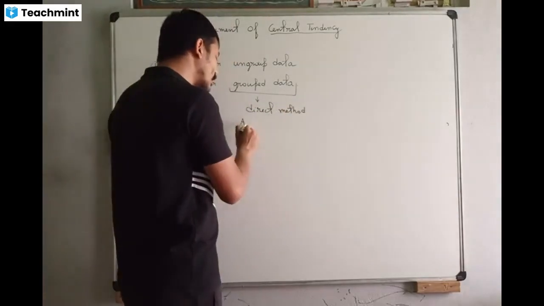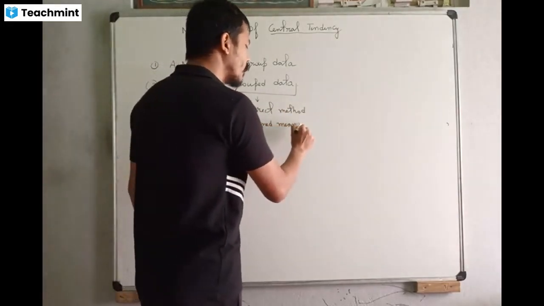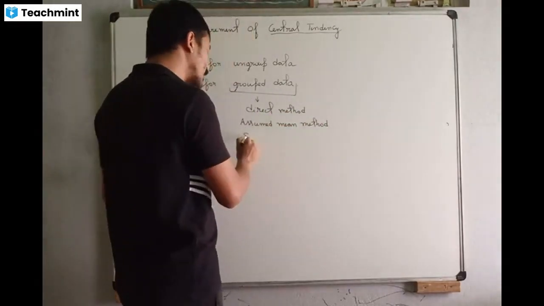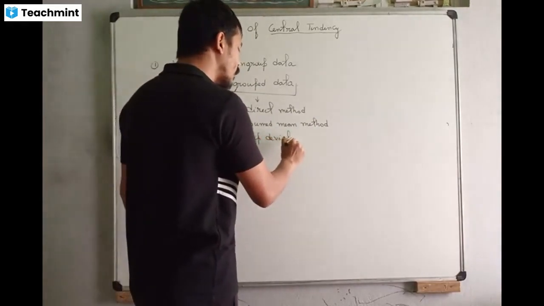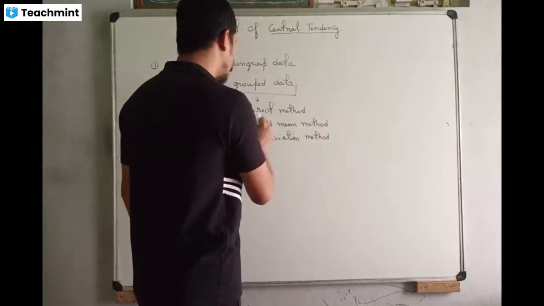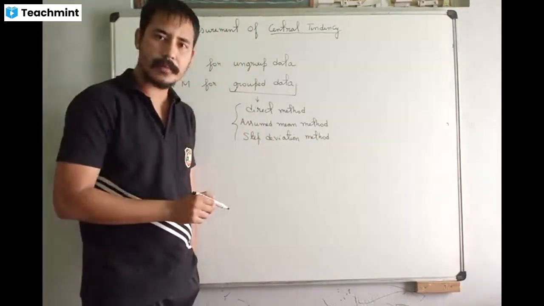The second one is the assumed mean method. And the third one is the step deviation method. So these are the three methods of finding the arithmetic mean of grouped data.